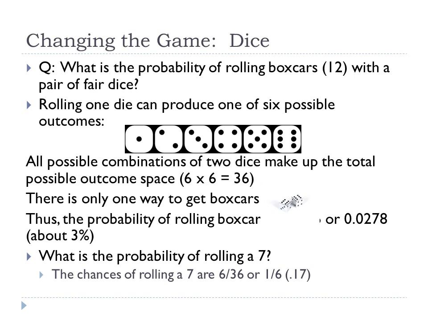And so 6 out of 36, that's equivalent to 1 out of 6, or about a 0.17 probability of rolling a 7. Any combination that gives you a 7, you have about a 17% chance, or the probability of 0.17. Right? So that's a lot higher probability of rolling a 7 than rolling a 12, because there's a lot more ways to actually get a 7 out of the combination of 2 fair dice.